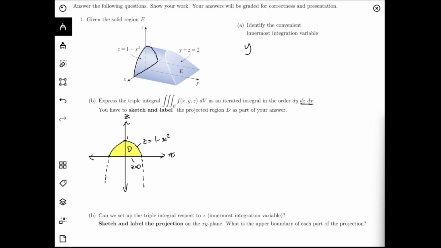Alright, now we need our x bounds as well. Now, one thing that I would point out about x is on the very outside, right here. Your variable that's on the very outside is going to be only dependent on constants, right? And what do I mean by that?